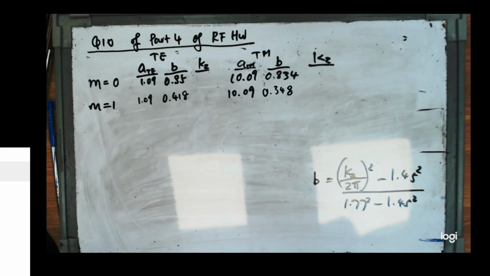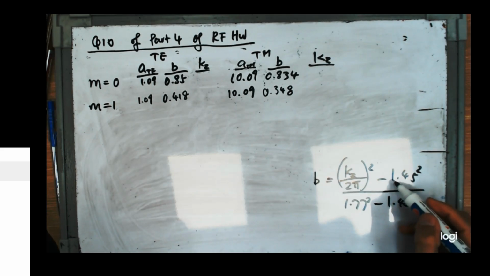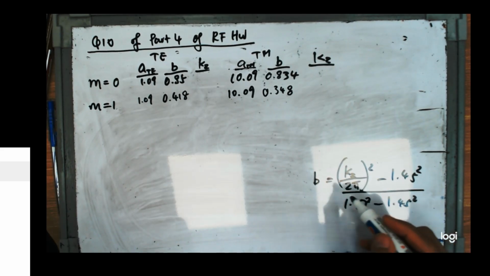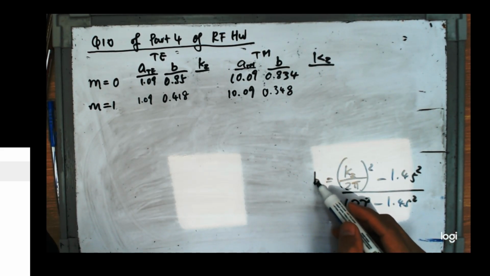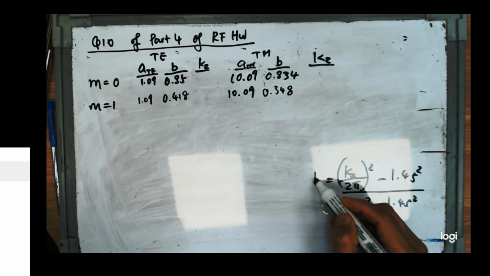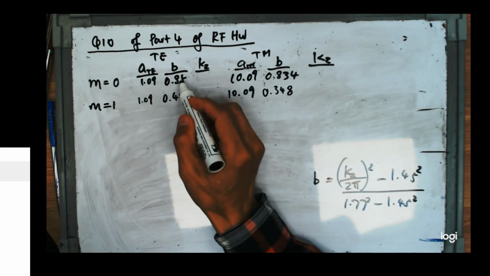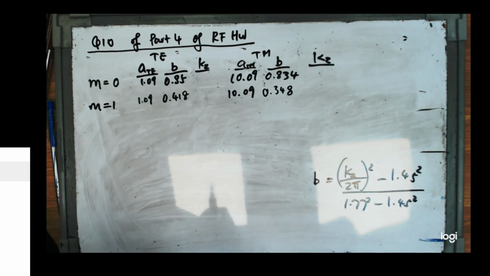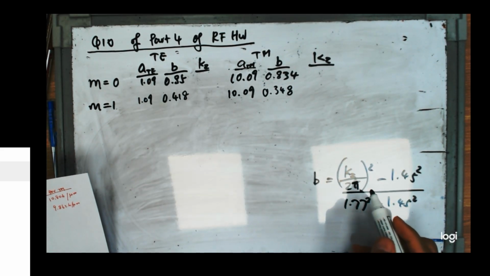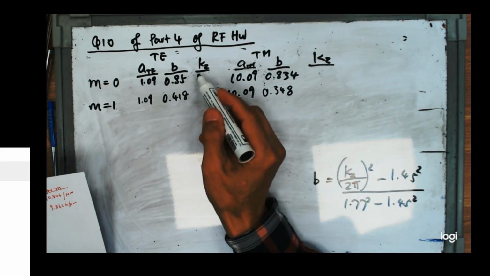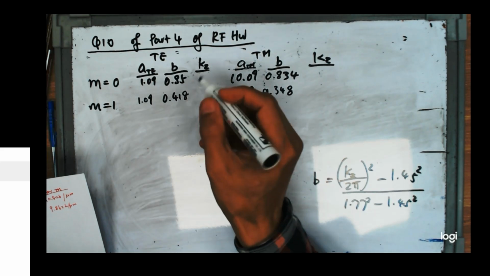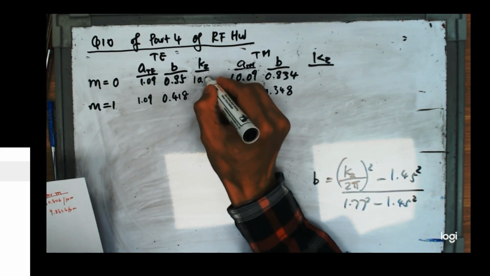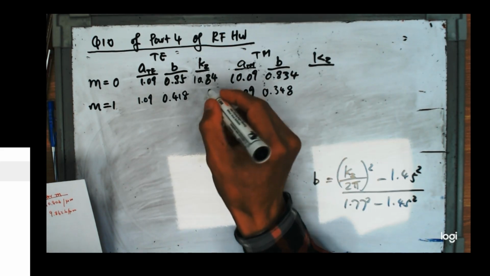By substituting the refractive index and plugging in all the numbers, and substituting the value of B, for example B equal to 0.85, by solving the equation you get the value of Kz. And from what I can get, Kz here is 10.84 per micron.